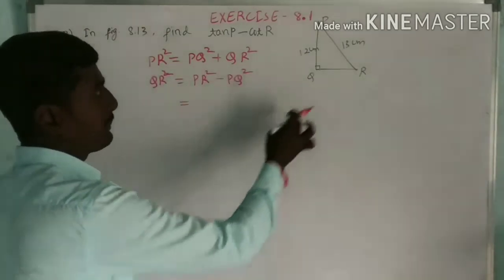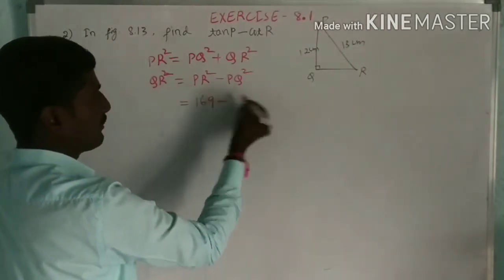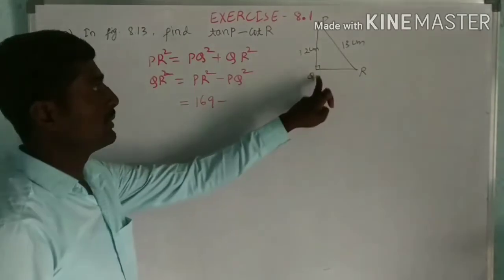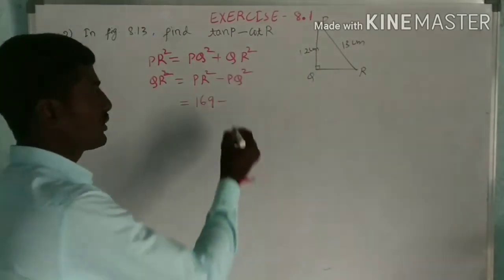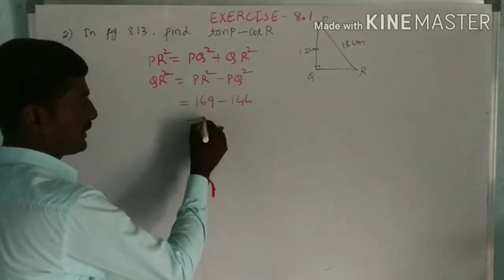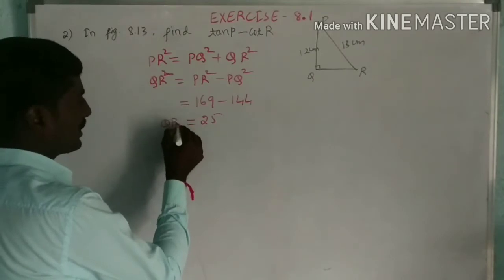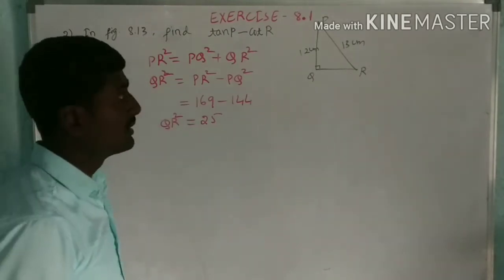Now PR value is 13, 13 square that is 169, minus PQ value is 12, 12 square that is 144. Now 169 minus 144 is 25. So QR square I am getting is 25.